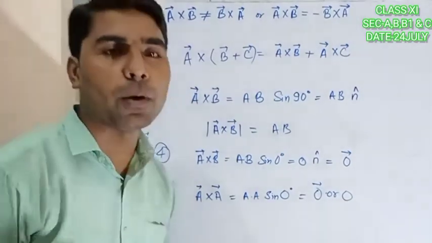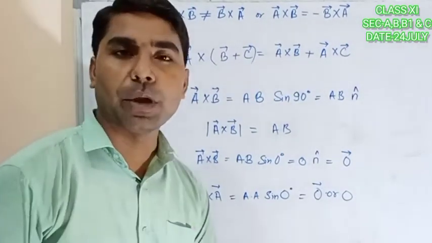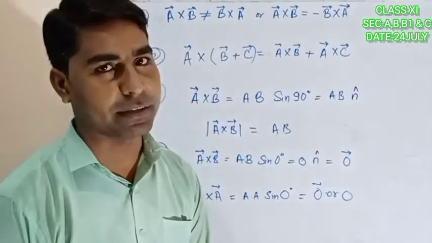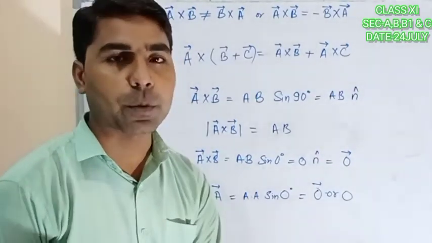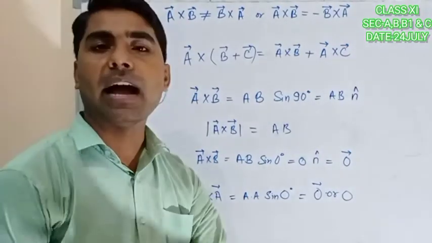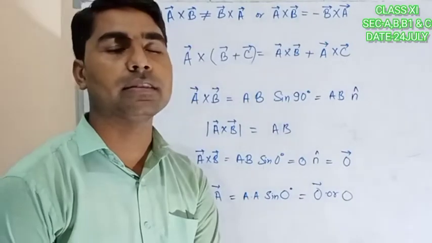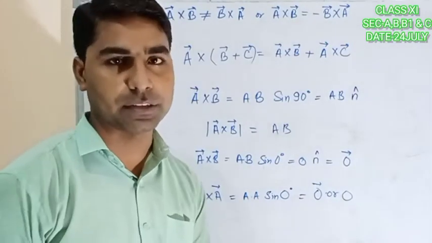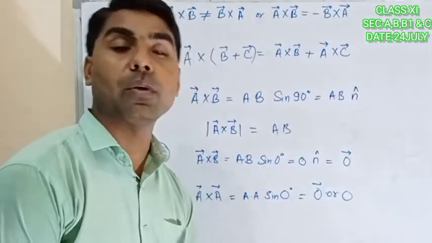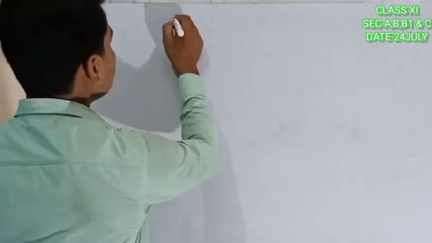Now the important thing, we are going to do the vector product of orthogonal unit vectors. Like in the dot product you have seen i dot i, j dot j, k dot k is 1. And i dot j, j dot k, k dot i, mixing of any two vectors, the dot product will be 0. So the same thing we are going to do here. So let's see.